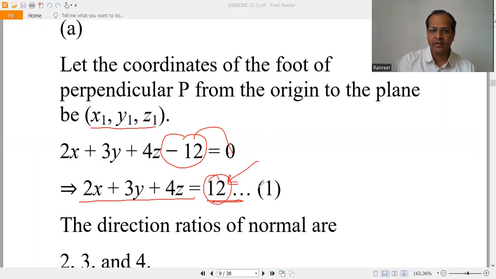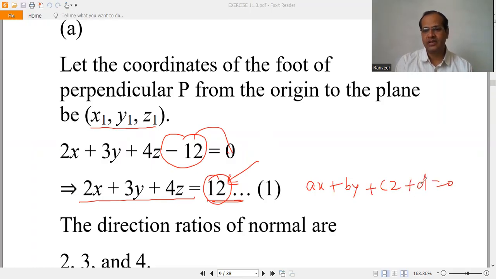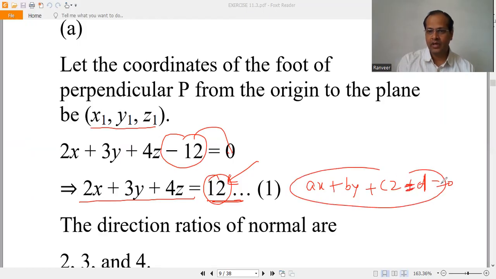It should and must be positive, because ax + by + cz + d = 0 is this form, but always remember when ax + by + cz = d, when we are taking equal to d, this should be positive.